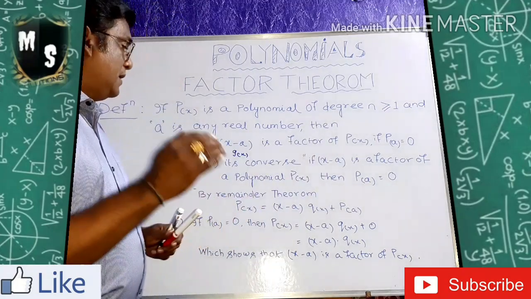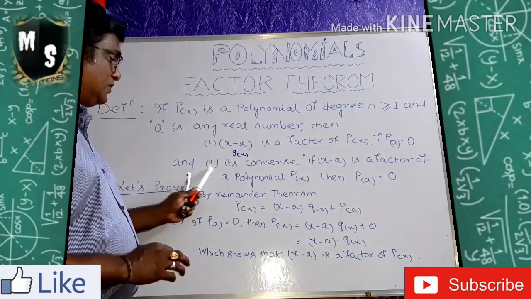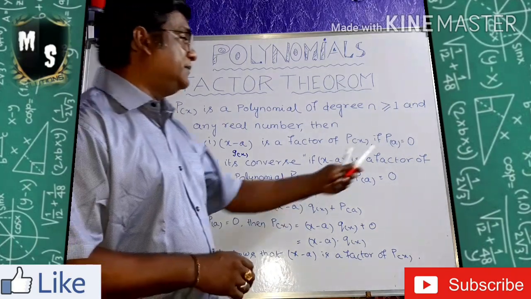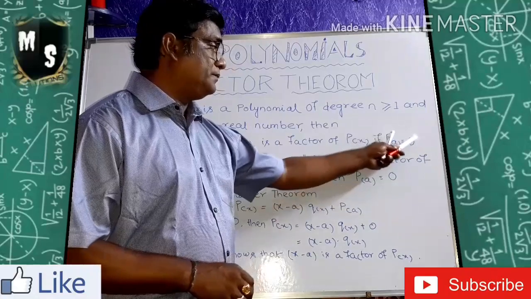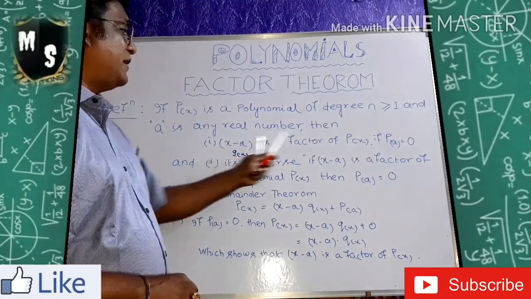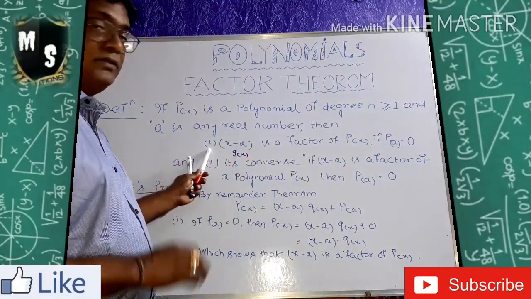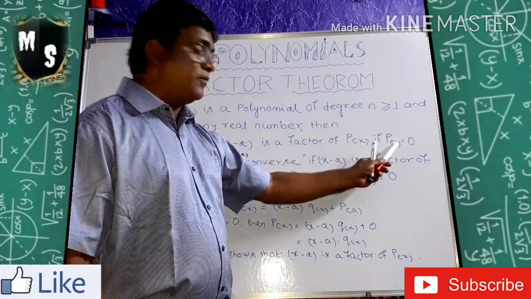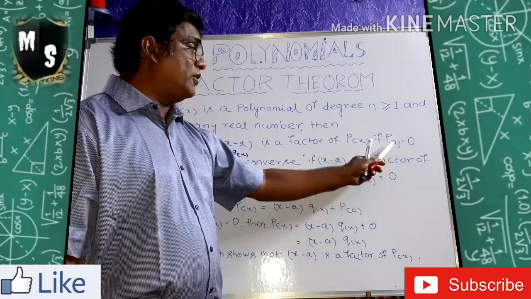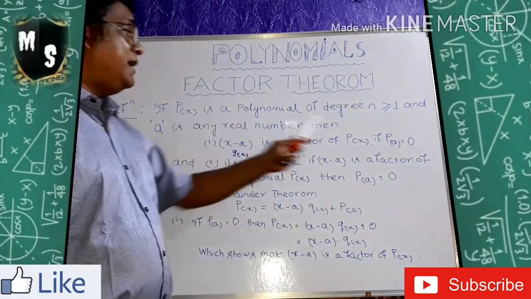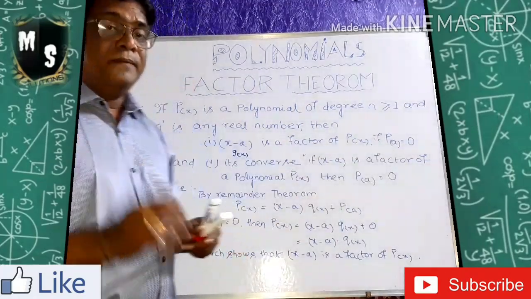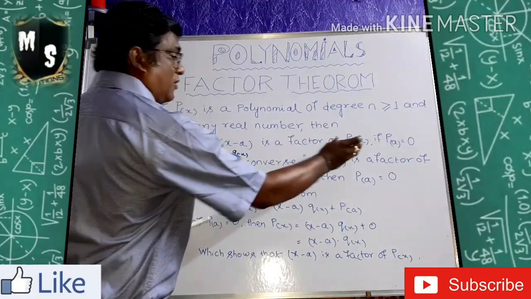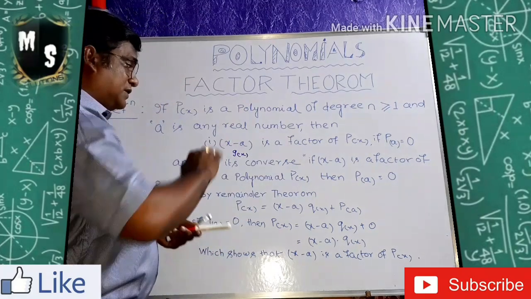Understood now? Come to the second point, its converse. What is the converse? The first part says: if p(a) is equal to 0, then x minus a is a factor of polynomial p(x). So what will be the converse?